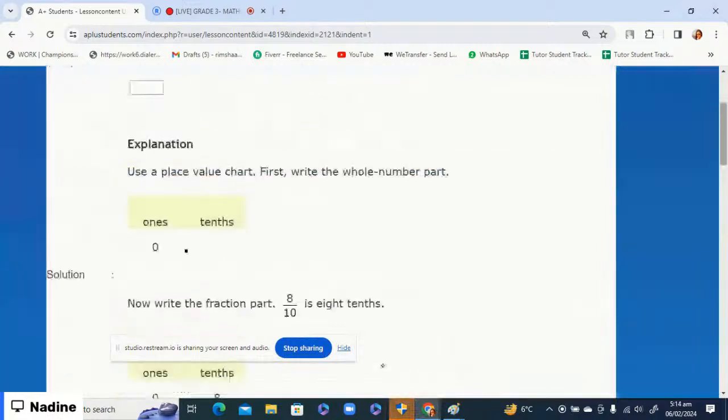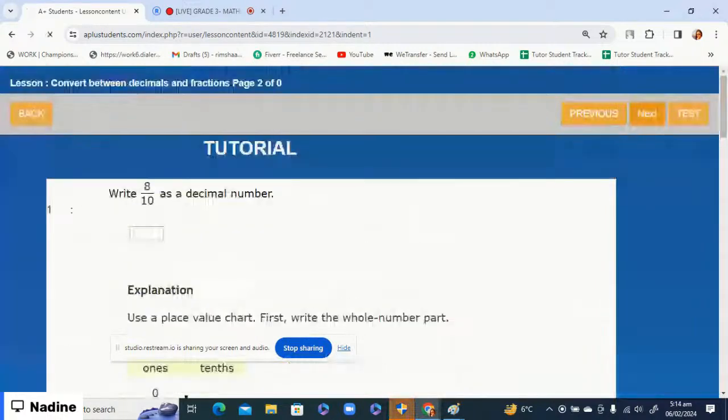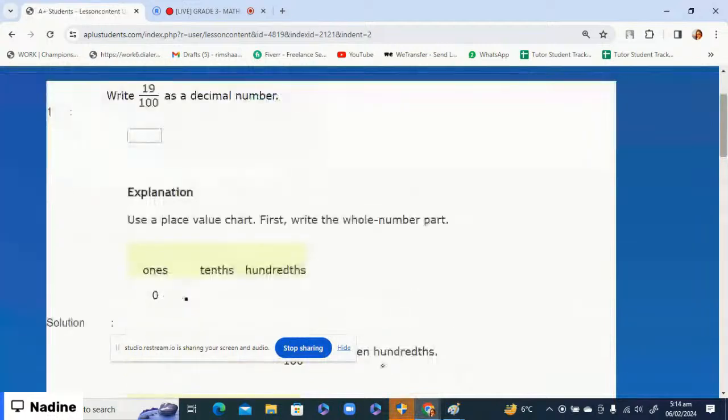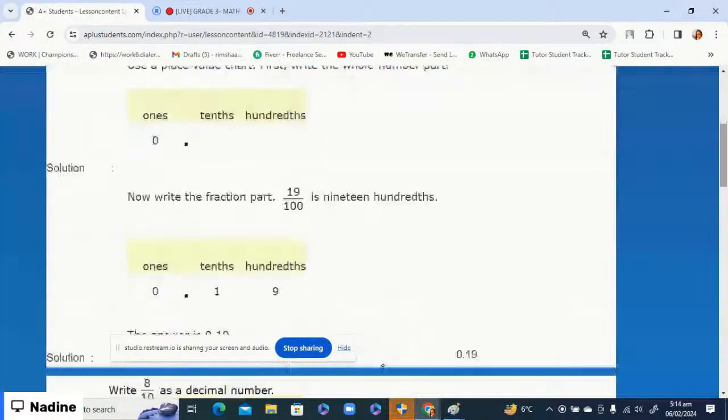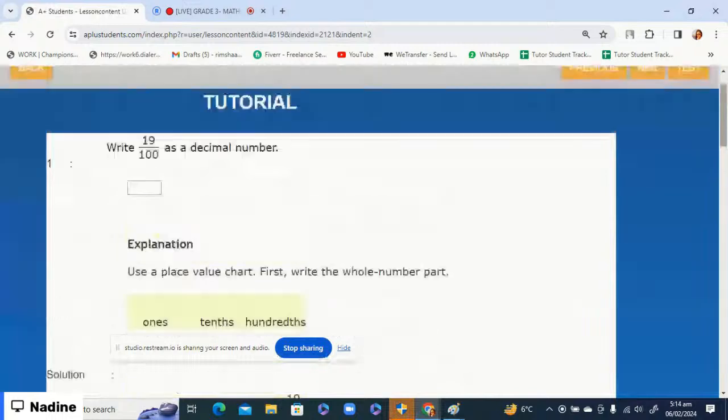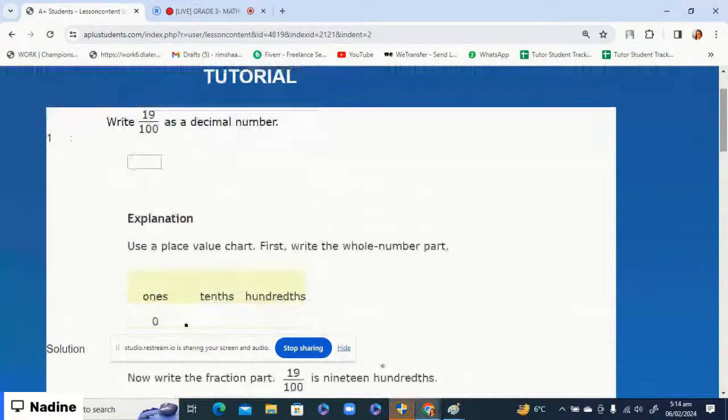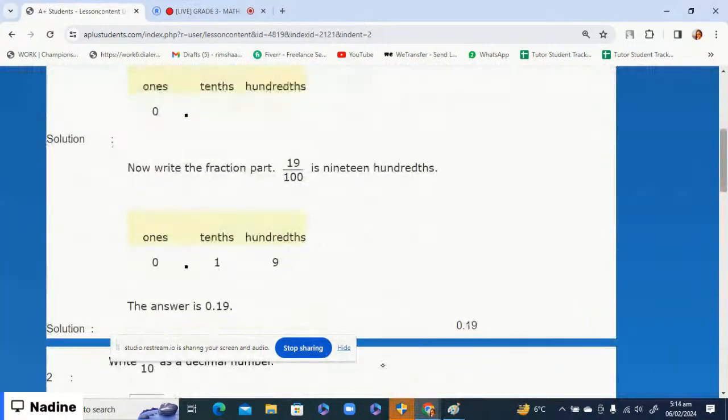Let's do two or three more questions related to that one. Now it's 19 over 100. As we know that 19 is on the 100th place, basically this is 1 and that is 9. 1 is in the tenth place, 9 is in the hundredth place. And there is no number on the ones place, so we just need to put 0 and the point.